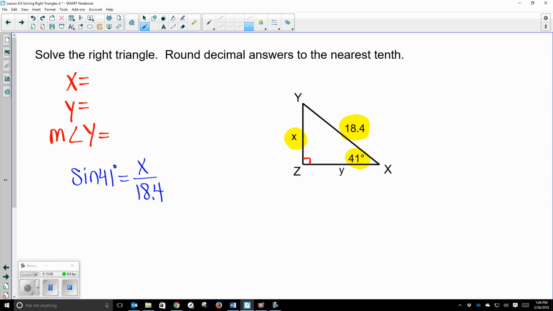If you multiply this side by 18.4, it ends up in front of sine. So x is equal to 18.4 sine of 41.